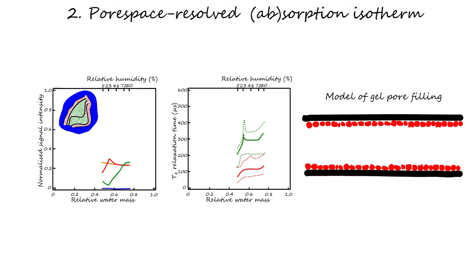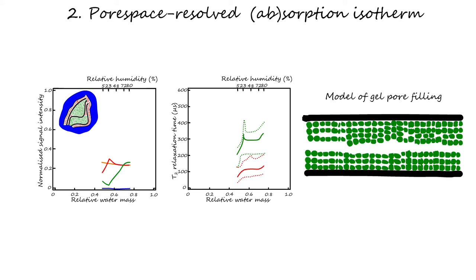Thus, the further mechanism of pore filling is likely not to be just a reversed one, but likely to be different. The most likely scenario is that a second layer of water molecules adsorbs on the first monolayer of water, so the adsorbed layer becomes thicker and thicker.